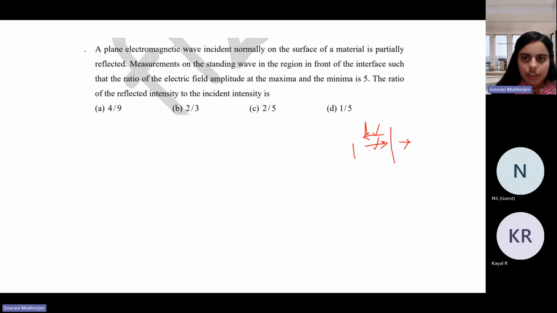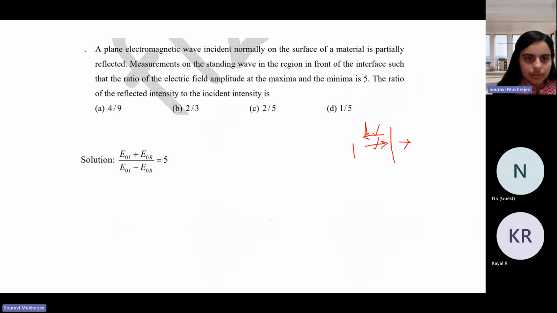They should interfere, right? There'll be constructive interference as well as destructive interference, and now you know the ratio of maxima and minima.